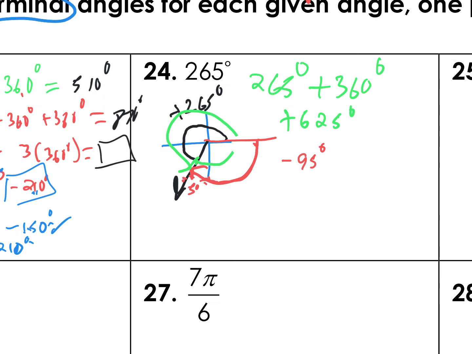Let's do that magic trick and see if it worked if I do 360 degrees and I subtract the 265. I don't know how to do that without a calculator, so my brain's not working. 360 minus 265. Well, if I subtract correctly, there's no guarantee.